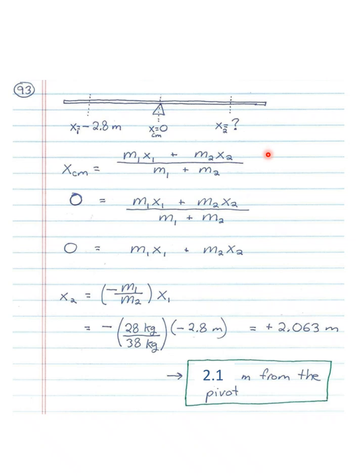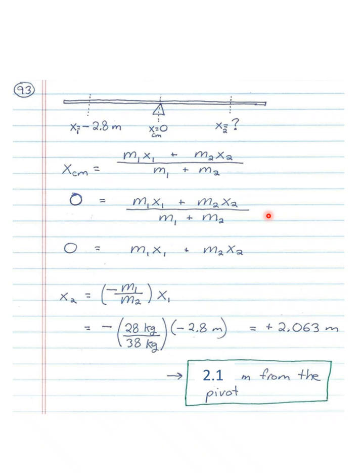And for this problem, 0 is the center of mass, so let's substitute 0 for that. Now, when you have 0 equals a fraction, you have a numerator over the denominator. It doesn't matter what the denominator is. All that matters is the numerator, and that numerator has to be equal to 0.